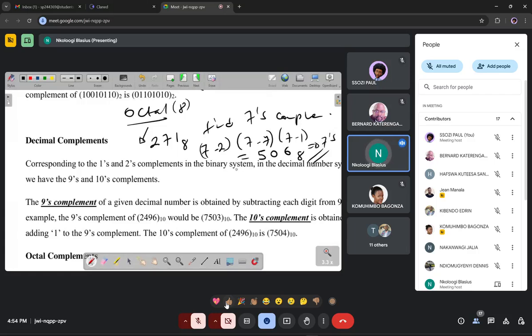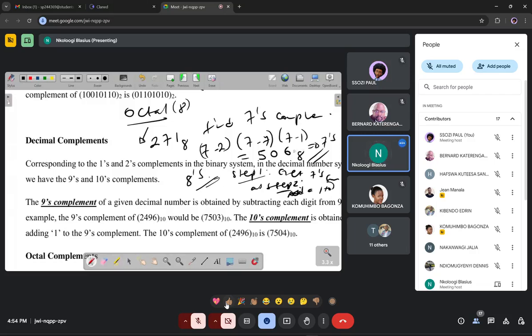But if I want to have the eights complement, then step 1 would be get the sevens complement, and step 2, add a 1 to the sevens complement.